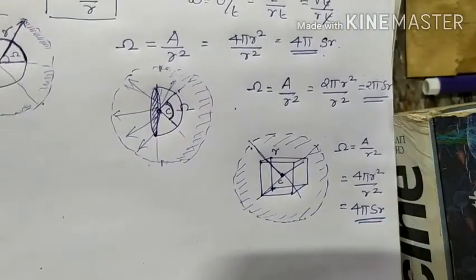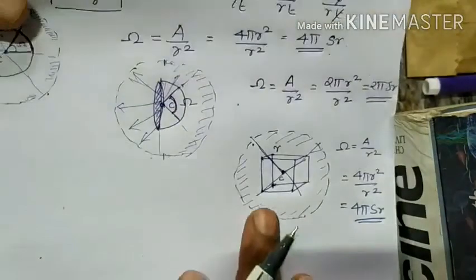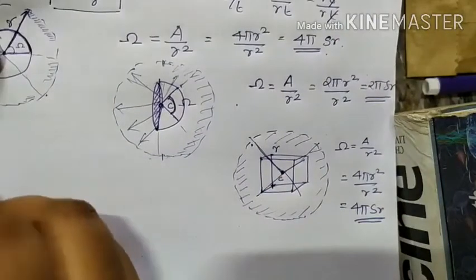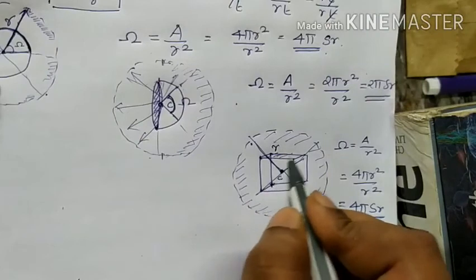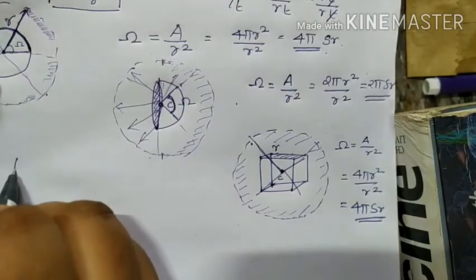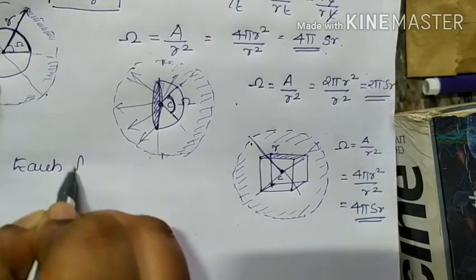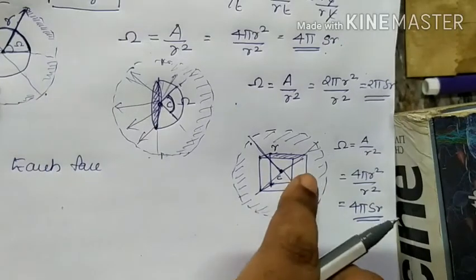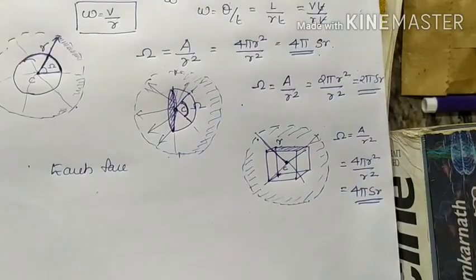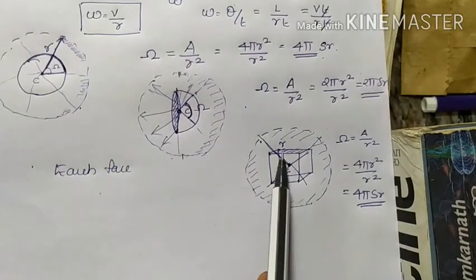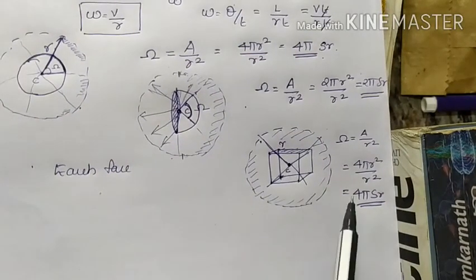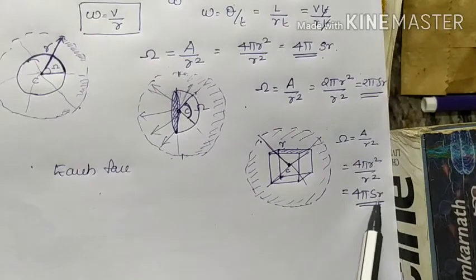Clear? Now again I can ask a simple twisted question with this point itself. What will be the angle subtended by each face? What will be the angle subtended by each face of the cube? How will you calculate it? For the entire cube, the angle subtended is 4 pi steradian.